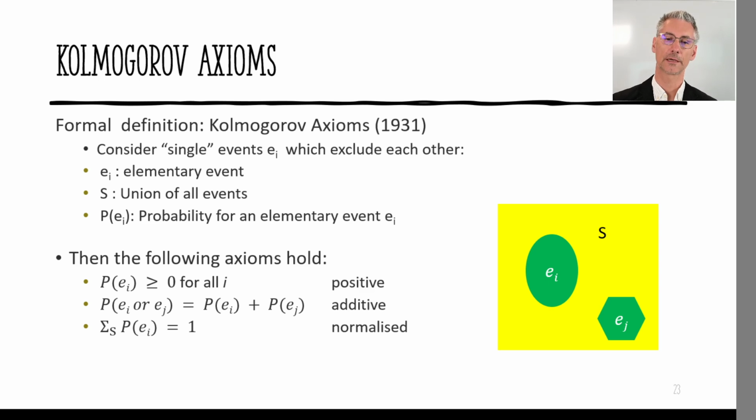And then the following axioms hold: the probability is always greater or equal to 0, because you cannot have negative probabilities. They are additive and they crucially need to be normalized. Something needs to happen. If you flip a coin, you can have either head or tail, but you cannot have no head nor tail or anything in between. You need to end up with head or tail.